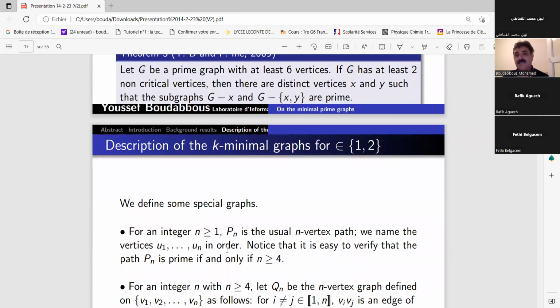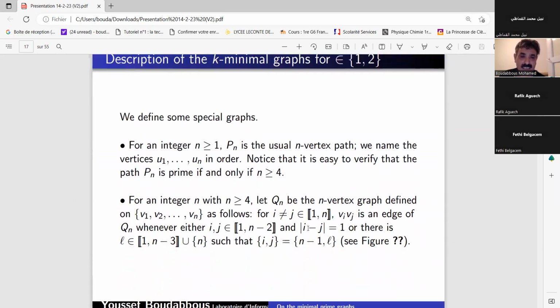Now we start the description of k-minimal graphs. This section concerns the result of Hill and Cornet. Here I have a figure, the usual path Pn.